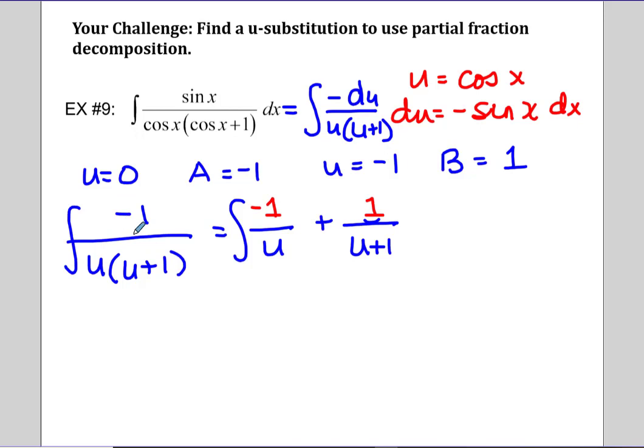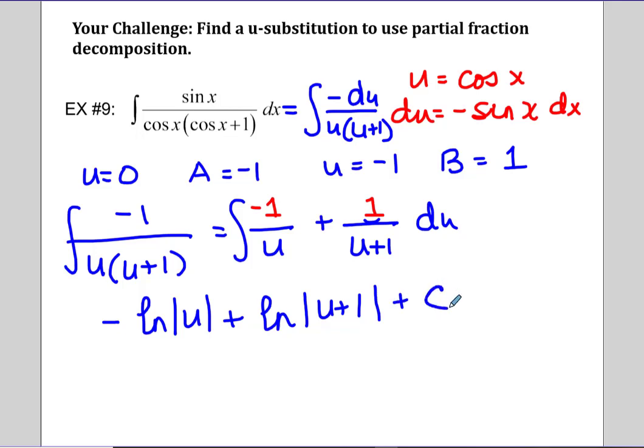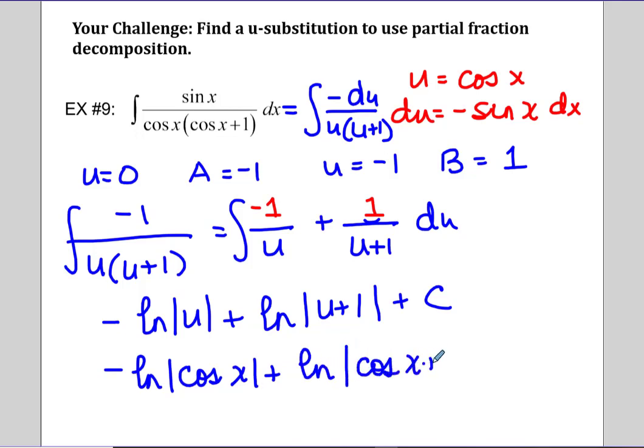So this is going to be the integral of -1 over u du, and that would be negative natural log absolute value of u, and this one would be natural log of u plus 1. And if we substitute back, our u value is cosine, that's negative natural log cosine of x plus natural log cosine of x plus 1 plus c.